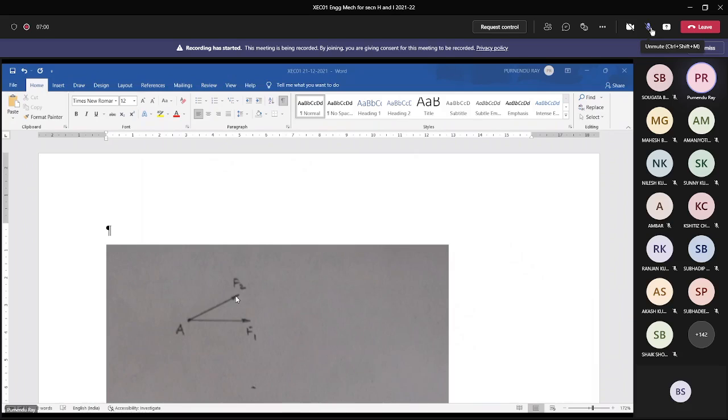How do we apply force? Just passing the string over a pulley and hanging some weight from that hanging end of that string.